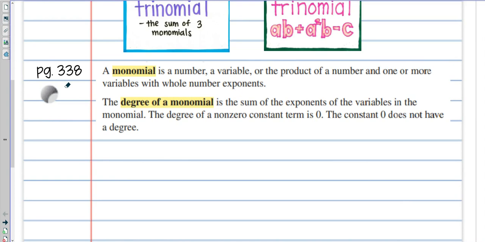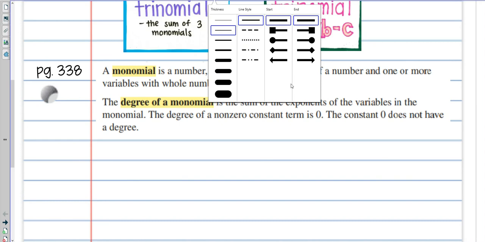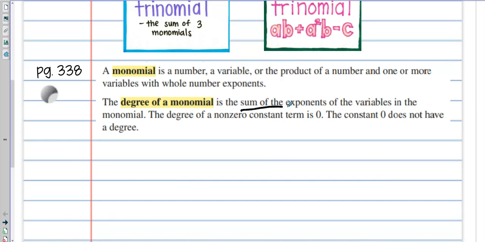Straight from the book, it says on page 338, so if you ever have to go back to your book for notes, it gives you the definition of a monomial. So a monomial is a number, a variable, or the product of a number and one or more variables with whole number exponents. And the degree of a monomial is the sum of the exponents. Okay, so that's really important, the sum of the exponents of the variables in the monomial.